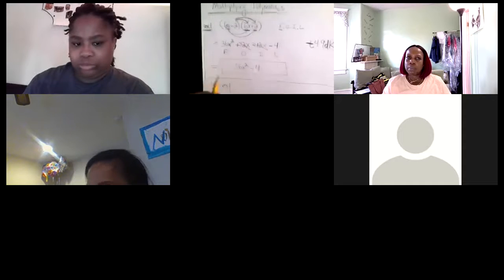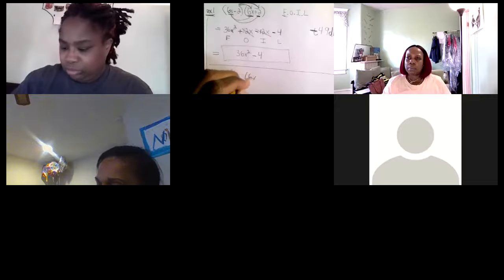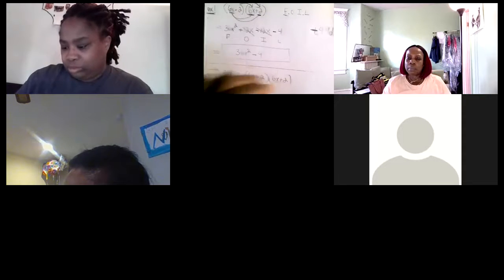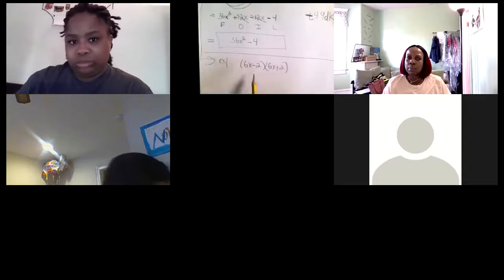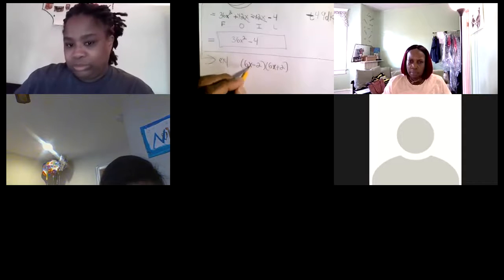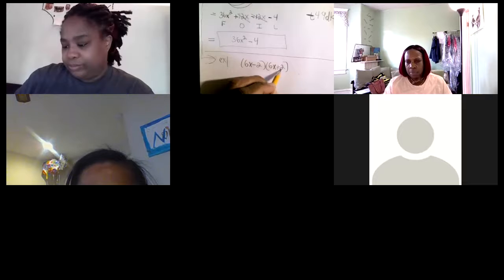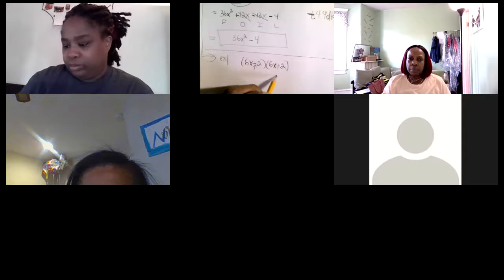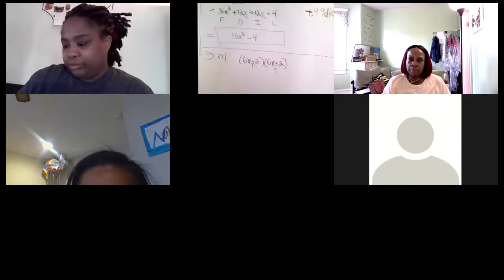If you look at example 1, these two binomials are almost twins. You notice that? They're almost twins, except one has a negative and one has a positive. That's the only difference.